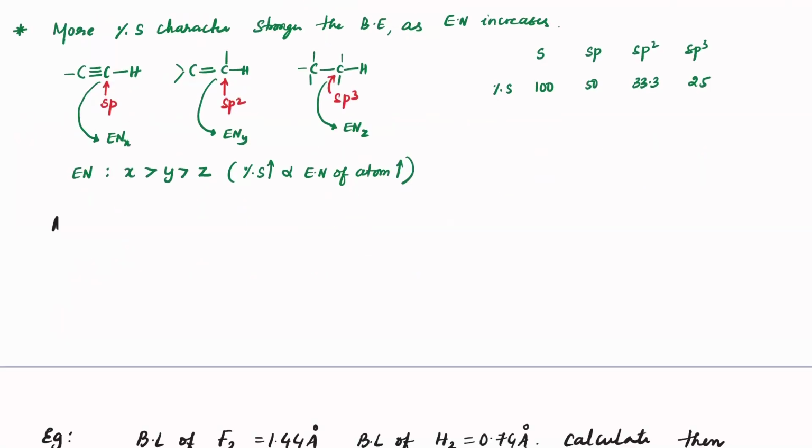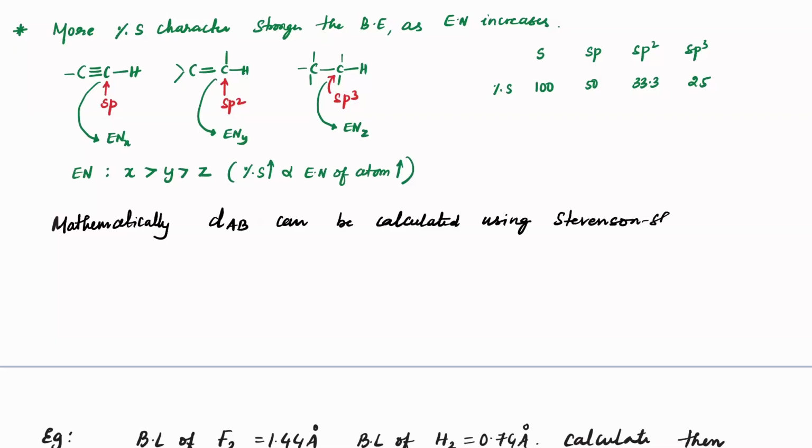Next, notice this one. If you have to check mathematically the bond length between AB, which are polarized atoms or two atoms of different electronegativity, that can be calculated using Stephenson's Shoemaker formula.